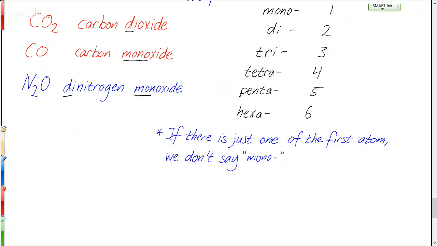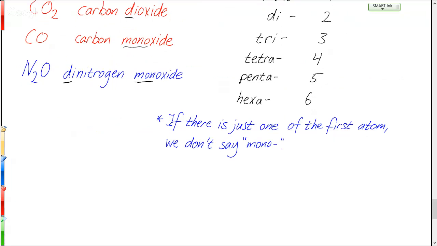And really the easiest way to remember these rules, I think, is to think about those compounds that you know, like carbon dioxide and carbon monoxide, and think about what's happening in those names, and then apply them to whatever new ones there might be. So let's try one. How would you name SF4?